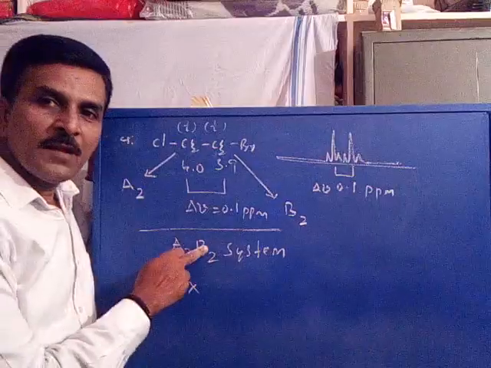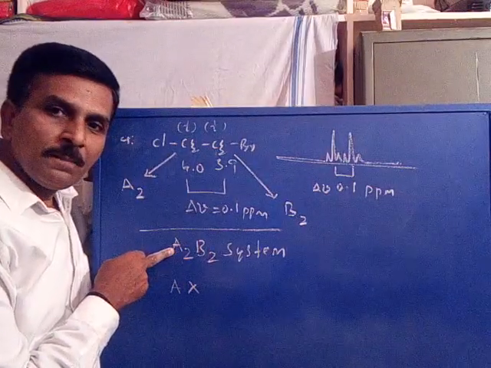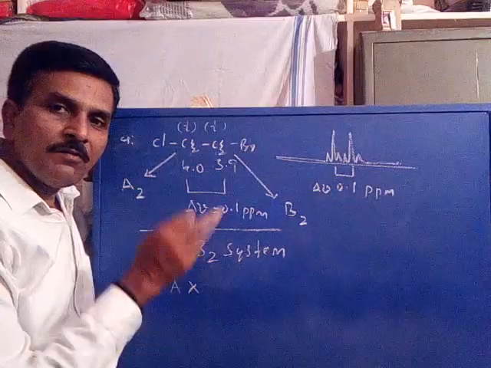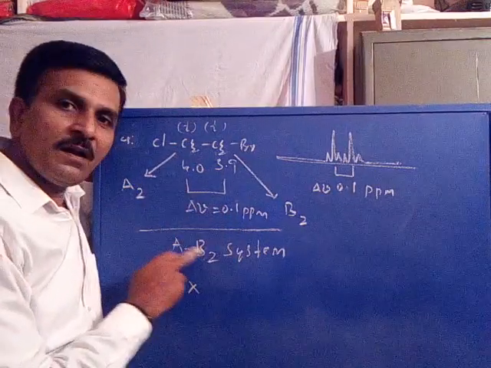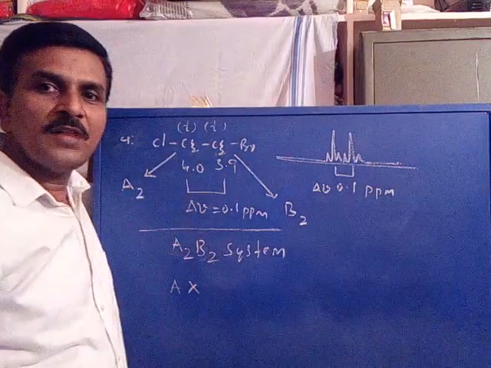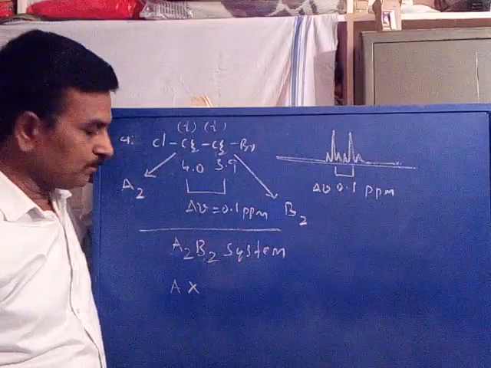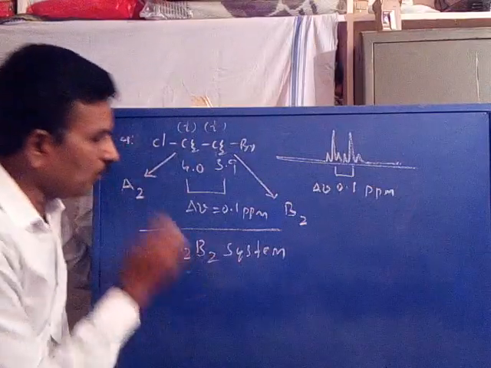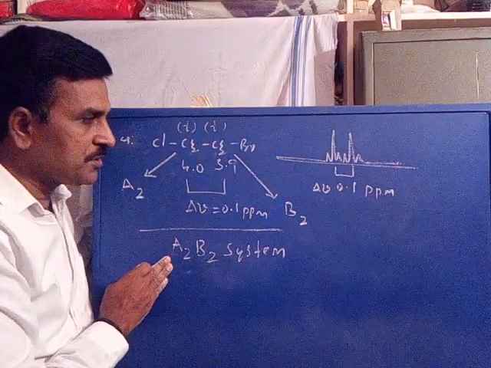Now coming to AB. AB stands for set A and set B being very close to each other, where in alphabetical order A and B are adjacent. So where the sets are very close, the letters are very close. Therefore, this molecule becomes an A2B2 system.